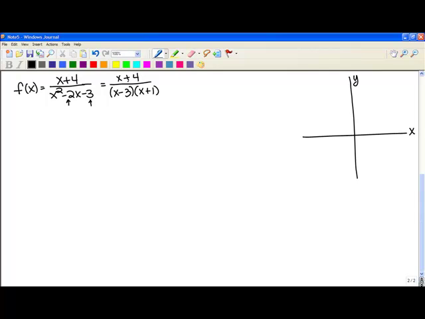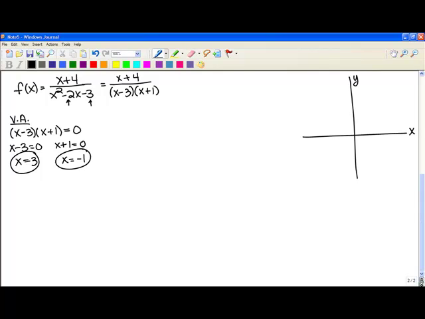Nothing cancels out. So let's go ahead and find the vertical asymptote first. To find the vertical asymptote, we'll take our denominator that's already factored and set it equal to 0. Then we'll set each factor equal to 0. So we have 3 for a vertical asymptote and negative 1 for a vertical asymptote.